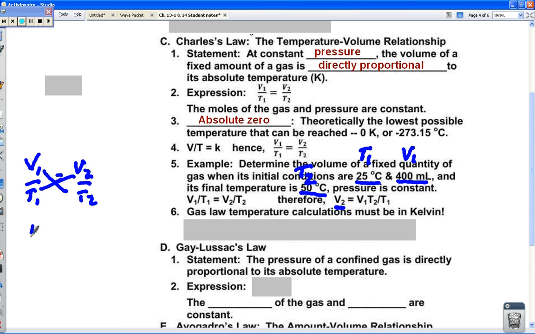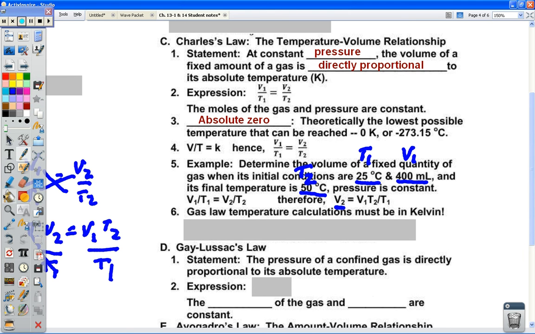We get V1 T2 equals V2 T1. In this case, we are looking for V2, so we're going to divide by T1. They'll cancel over here. V2 equals V1 T2 over T1. I see shaking heads.